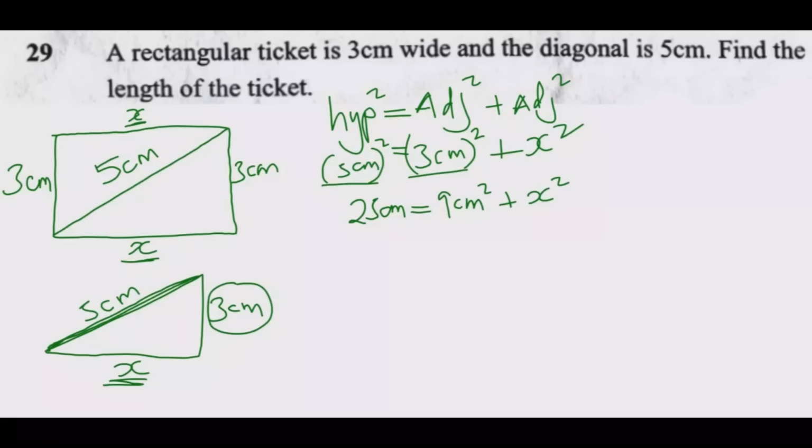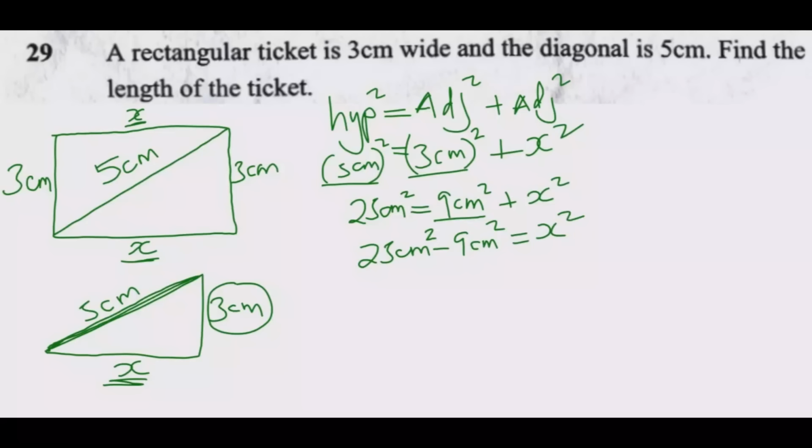Then I put like terms together. So I write 25 centimeter squared, then 9 centimeter squared will cross the equal sign and become minus 9 centimeter squared, which is equal to x squared.